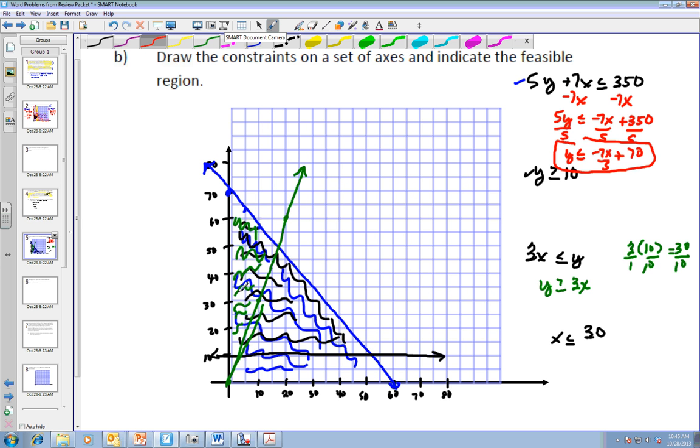That's going to be a vertical line at 30. It's going to be less than. Okay, so less than is going to be to the left of this. So you see the part that they have in common? It's going to be this area right here.